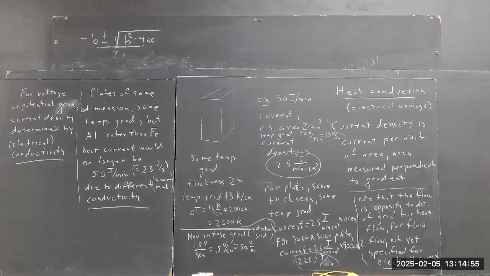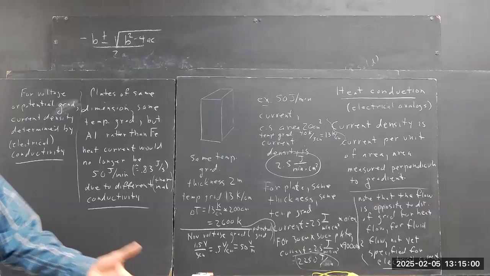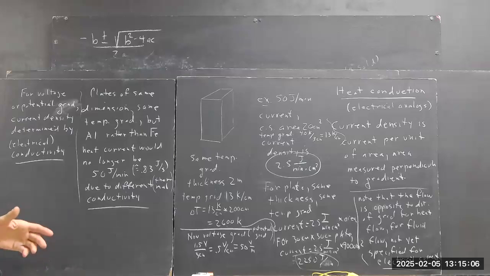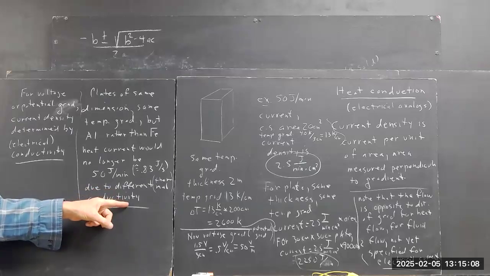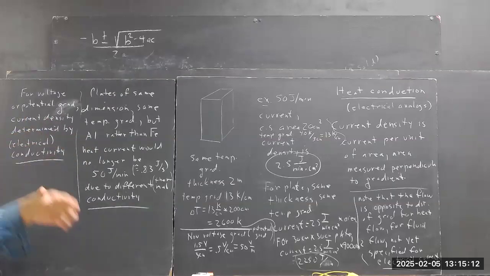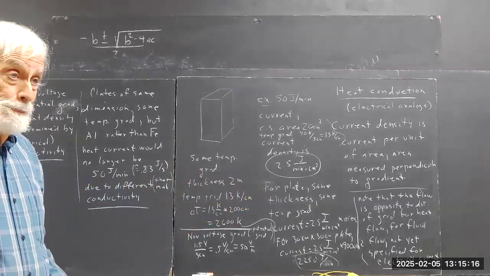Now, I'm not going to write down a lot of stuff, but if you have a flow of fluids, you have, again, good analogies here. Instead of a thermal difference or an electrical potential difference, you have a pressure difference. And that's what drives fluid flow.